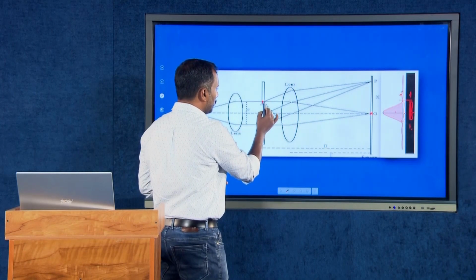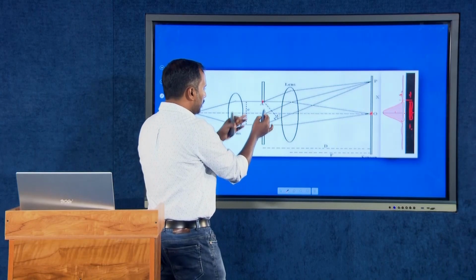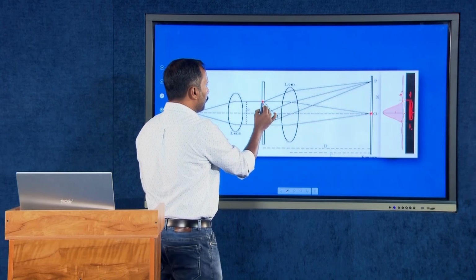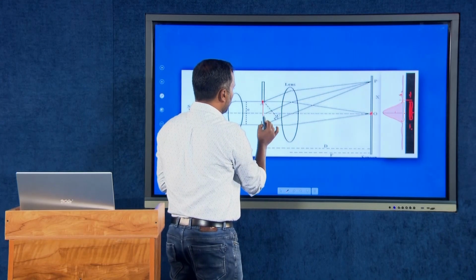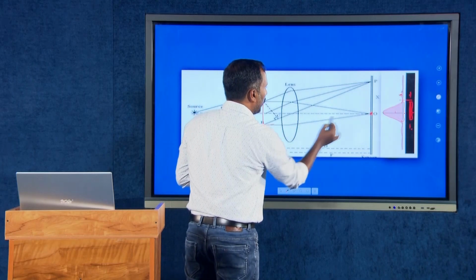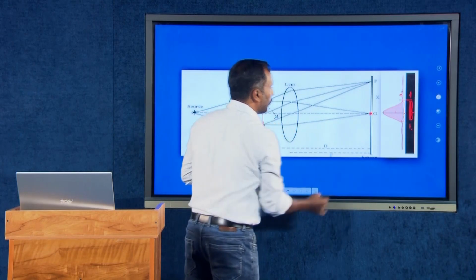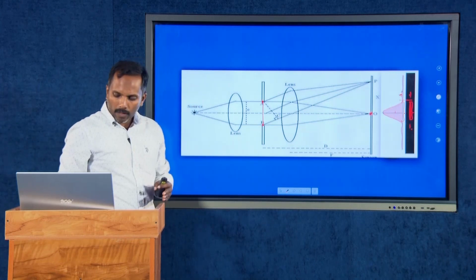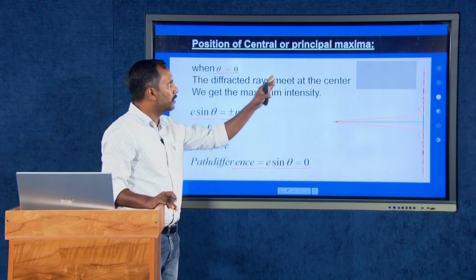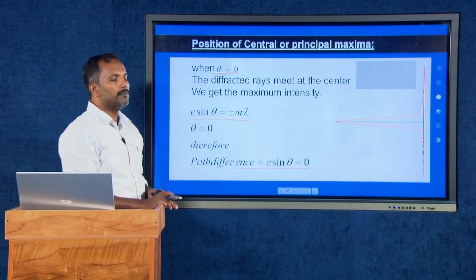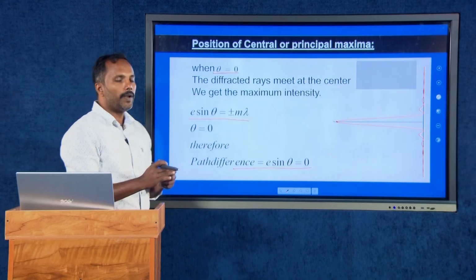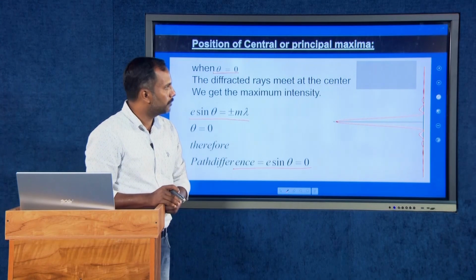Both rays from A and B, or you can say the entire upper part and the lower part, the light wavefront from the upper part and the light wavefront from the lower part will have the same path to reach point O. Therefore, the path difference e sin theta was 0 for the central maxima or principal maxima in case of diffraction at a single slit.